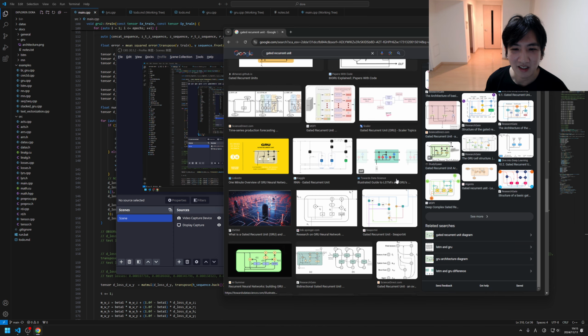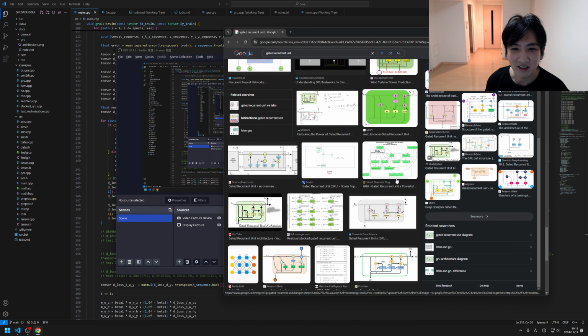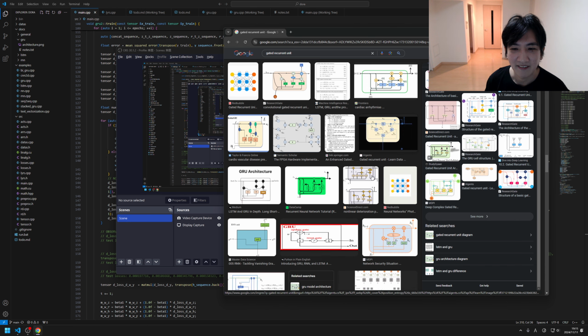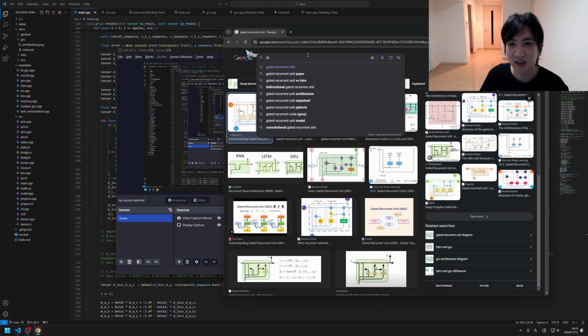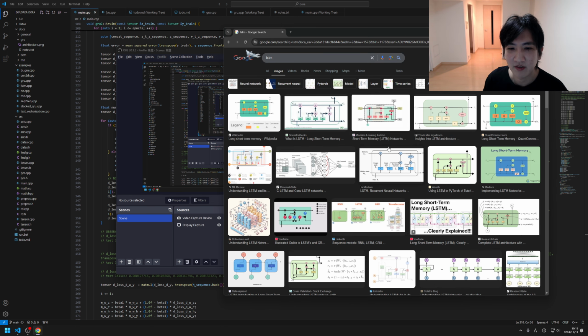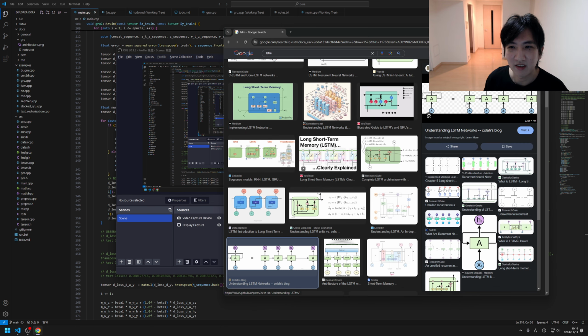Let me see if I could find the diagram. It's like this.